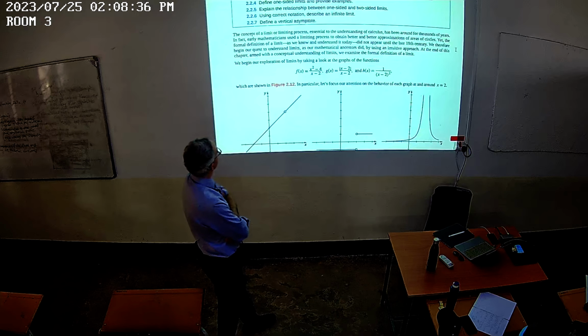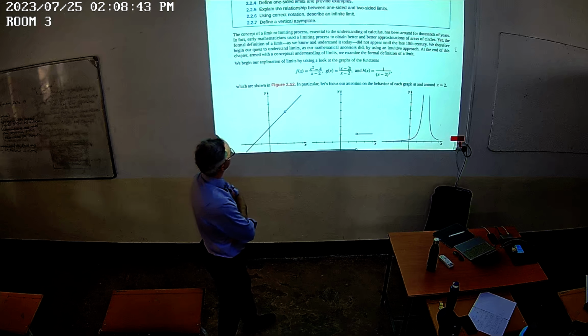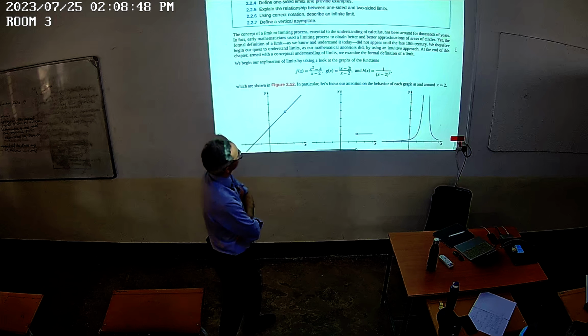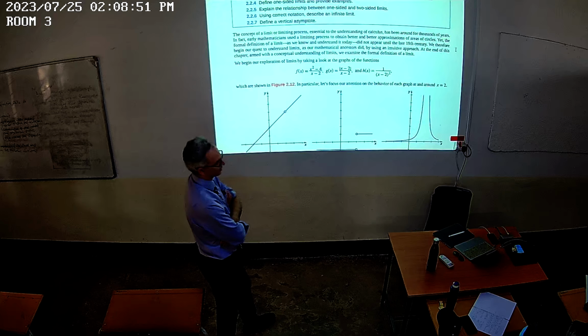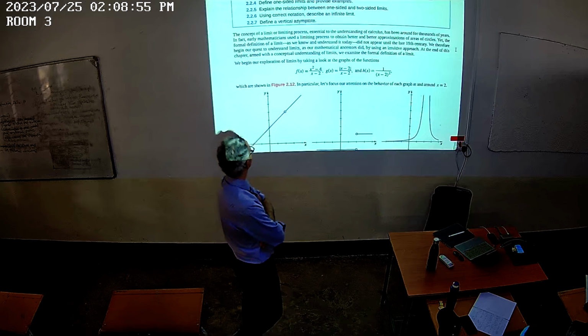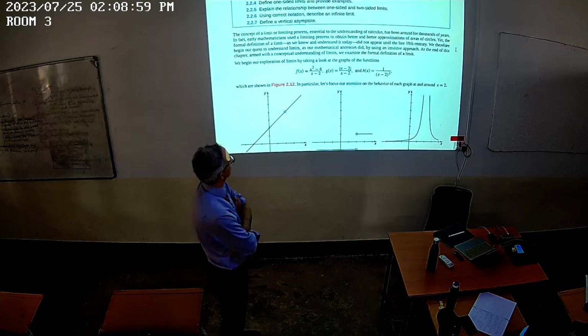We therefore begin our quest to understand limits, as our mathematical ancestors did, by using an intuitive approach. At the end of this chapter, we examine the formal definition of a limit.